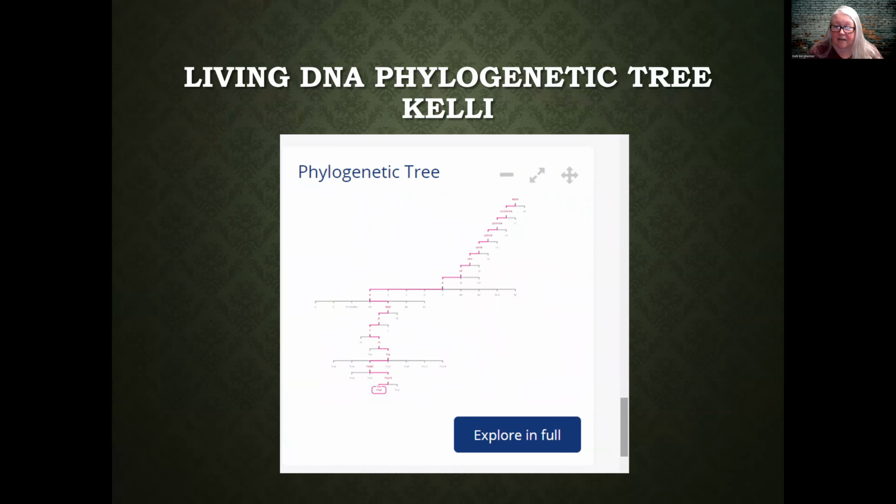The phylogenetic tree is the branching. And so this is very difficult to read, and there was no way I could upsize it any more than this, unfortunately. But if you have a test at Living DNA, you can look at your phylogenetic tree and where are the branches, and where's the branch for your haplogroup, and then where are you further down in that sequence.